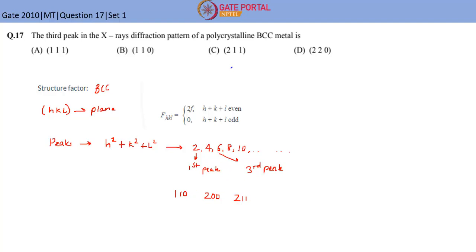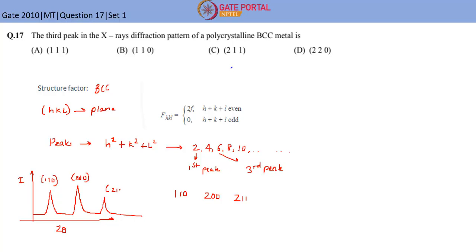So in XRD, this is intensity and this is 2 theta. The first peak will be like this, the second one like this, and the third like this. The first will be 110, the second 200, and the third peak will be 211.